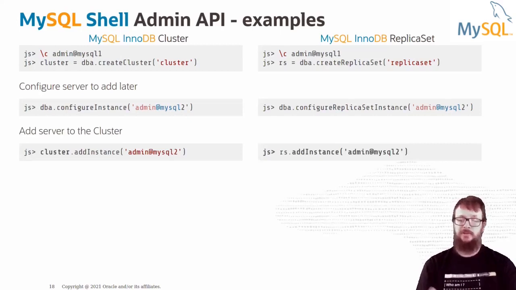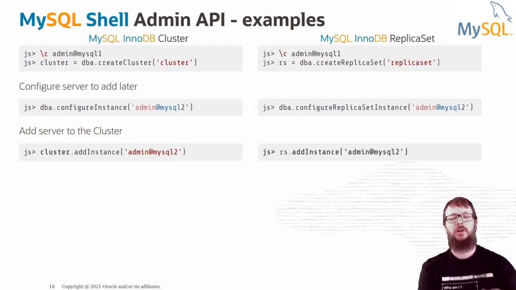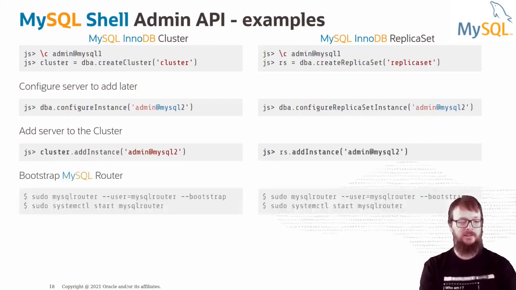So when it's configured, we want to add it to the cluster. So we do addInstance, or in the replica set, we do addInstance too. But this time we call the addInstance method from a replica set object. Before it was from a cluster object. So as you can see, it's just some methods: create a replica set or create a cluster, configure it, add an instance.